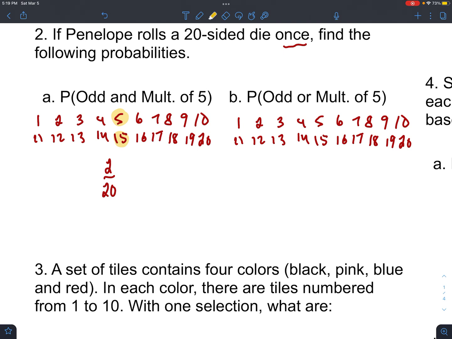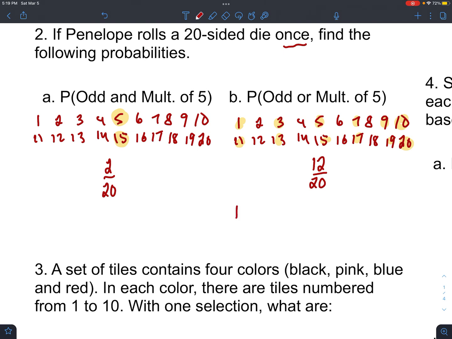So anything that's an odd number is going to qualify us. So I'm going to highlight all the odd numbers. Okay. And anything that's a multiple of 5 works too. So we have to add, 5 is already counted, and so is 15. But we need to make sure 10 and 20 are included in our calculation as well. And it looks like this would be the probability.